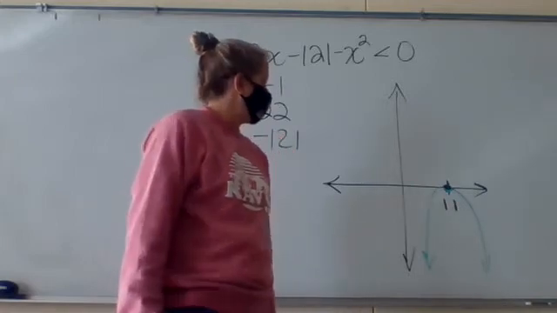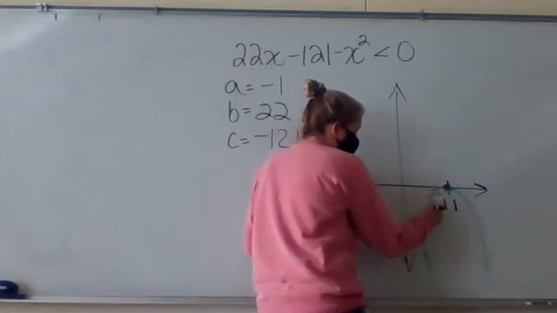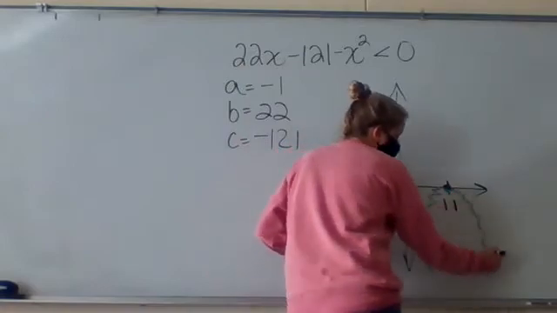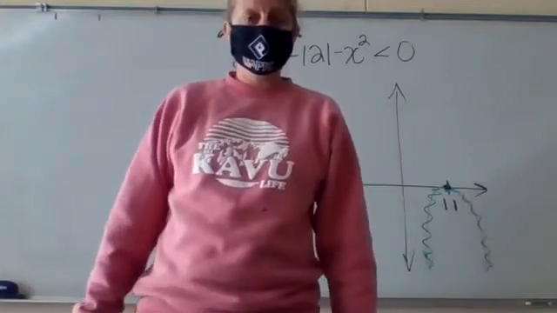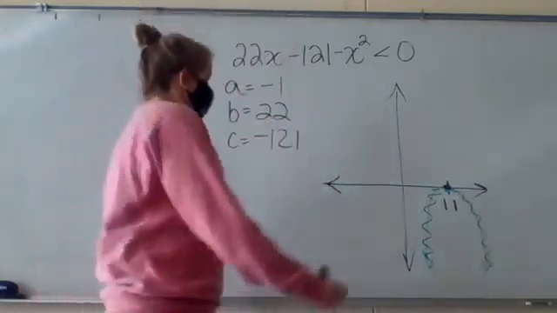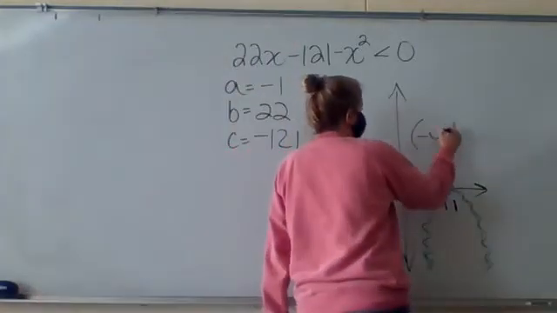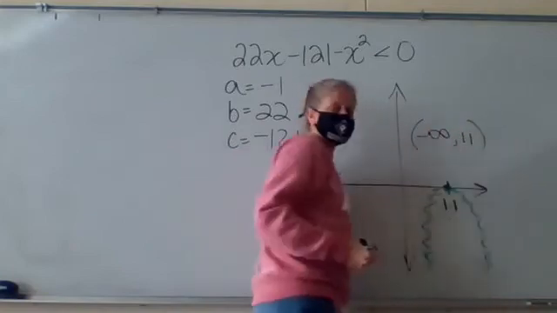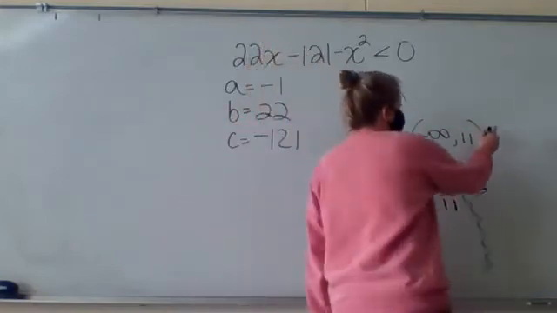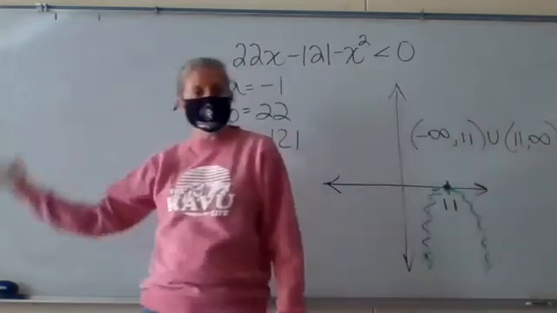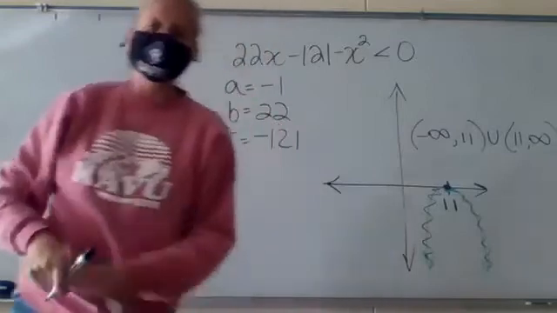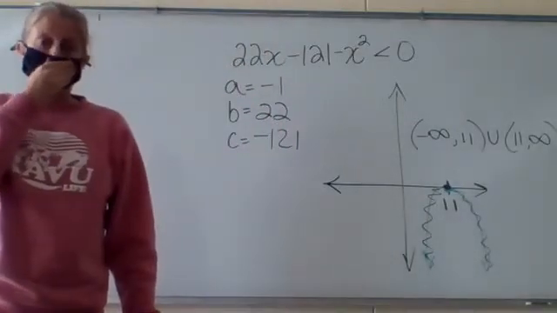So I want to show everywhere below 0 is this interval and this interval, or in other words, everywhere except 11. Which would mean what? Negative infinity to 11, and 11 to infinity. So everywhere below 11 and everywhere above 11, just not 11.